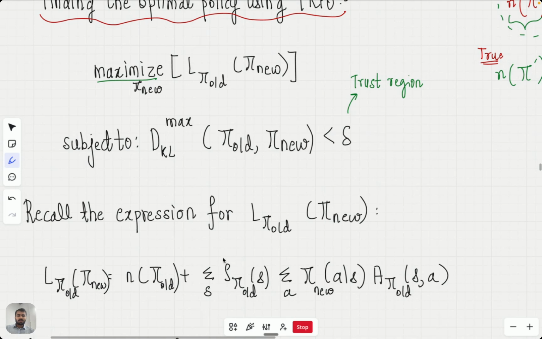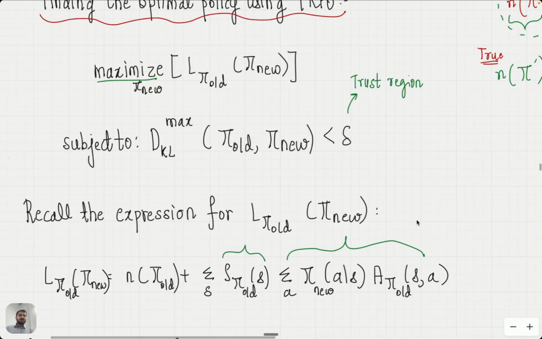This is the state distribution according to the old policy, and this is the summation of all the advantages which the agent encounters for every single state. The intuition of why these advantages appear in the expression is that if the advantage is positive, it means that there is scope for improvement. It means that there exists an action which is better than the policy's default behavior at that state.